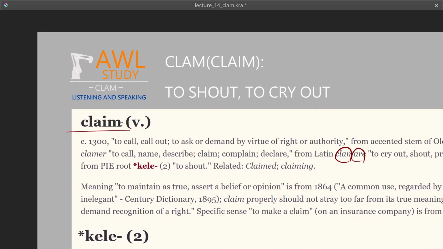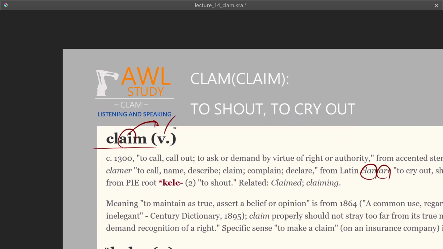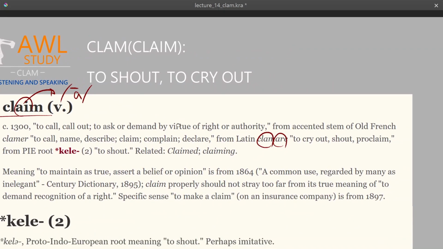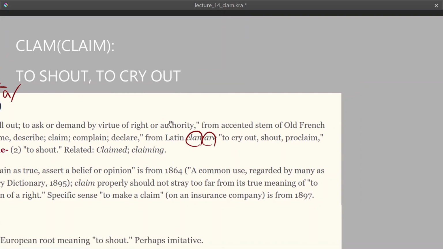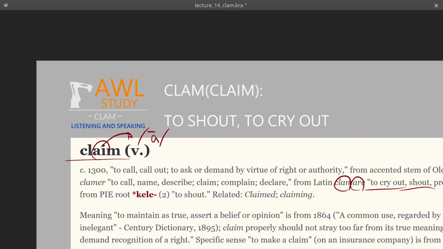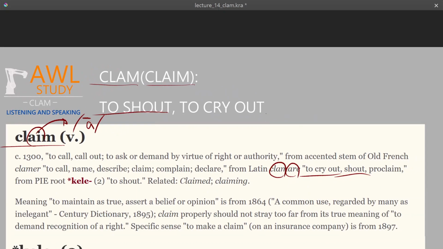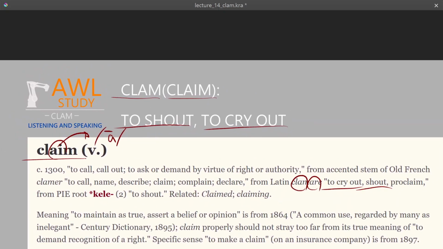So just remember that this two-letter phonogram says the A sound. So the root clam means to cry out or to shout. We have the building block, clam and claim, meaning to shout or to cry out. It's going to help us unlock the meaning of many words.